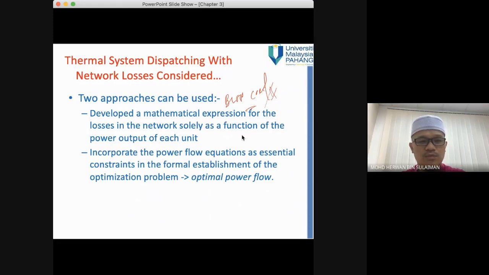But if you want to get accurate results, we can use load flow. Meaning that you find the value of P using any technique, and then you put all the P into the load flow system and run the load flow, as you learned in power system analysis.